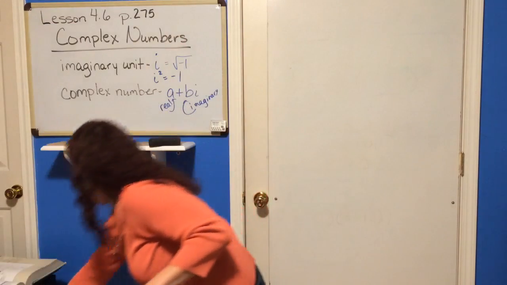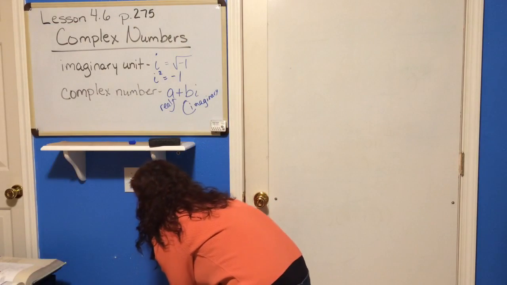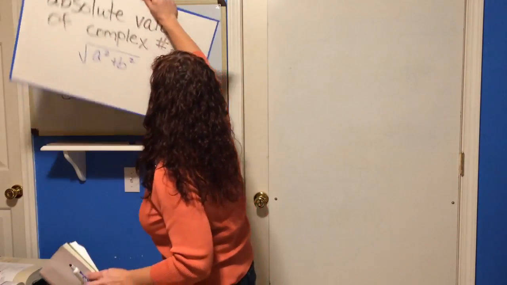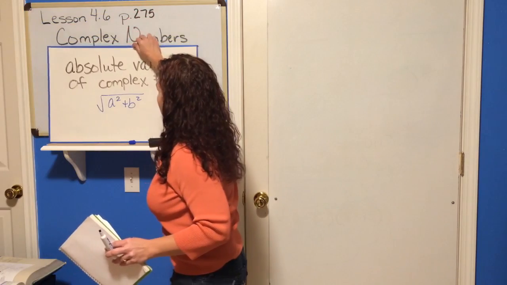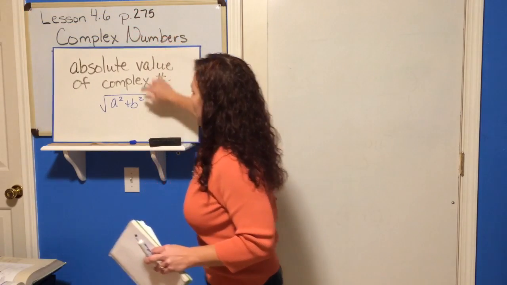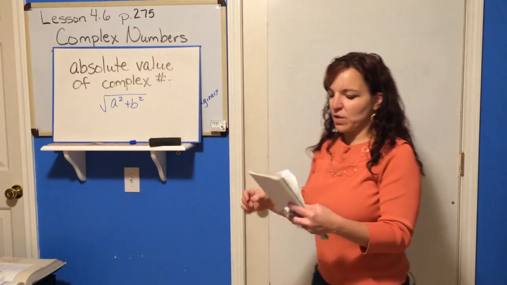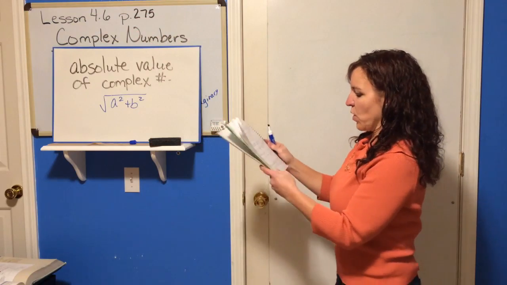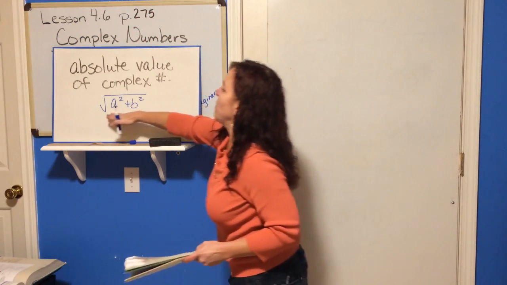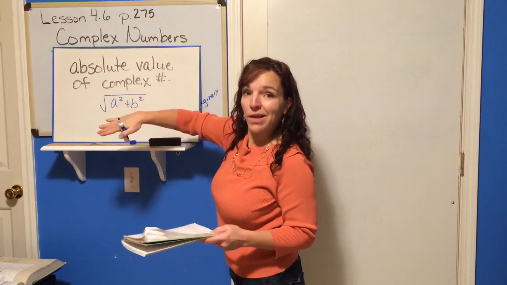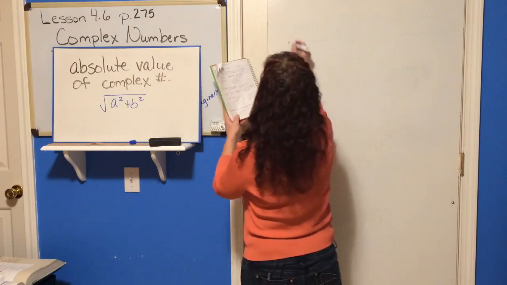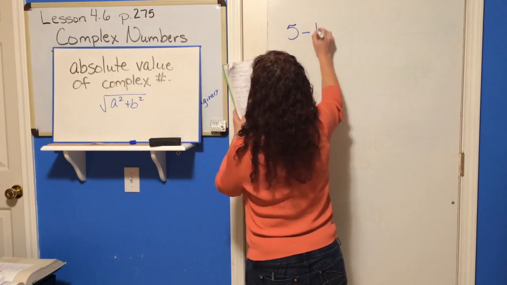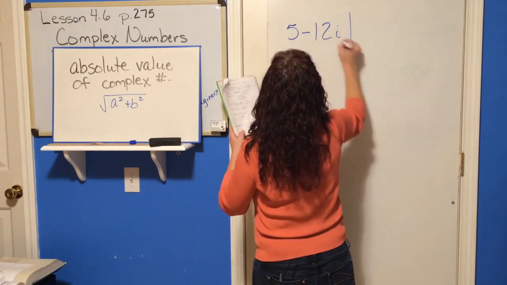Absolute value of complex numbers is simply the square root of a squared plus b squared. So once you remember that formula, you just plug in the numbers.